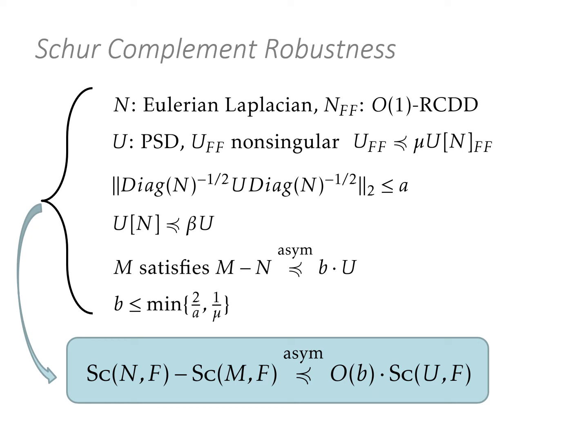Then the conditions will be trivial, and it's easy to check this lemma in this case because short complement is equivalent to Gaussian elimination when the set F only has one vertex. And since alpha-RCDD blocks have many similar properties to a single vertex, we can prove this lemma with more involved analysis here.